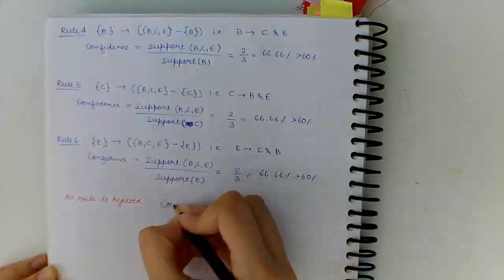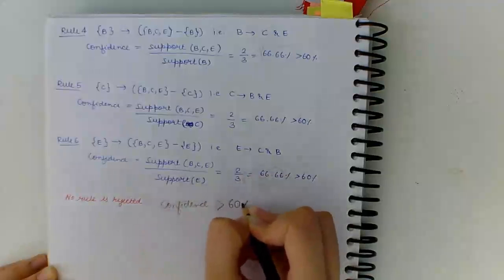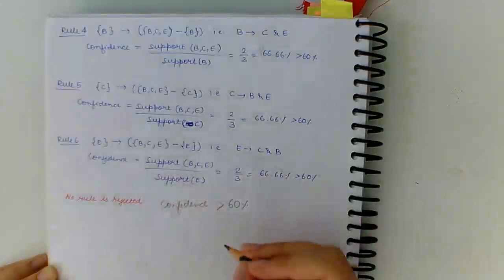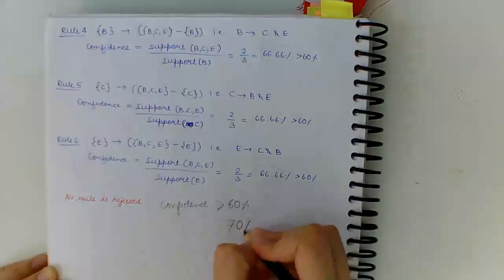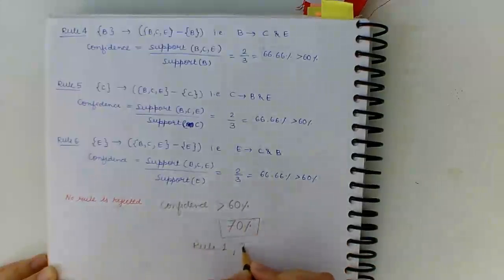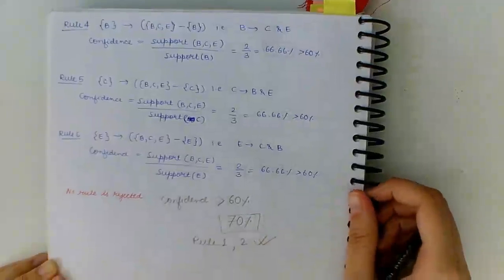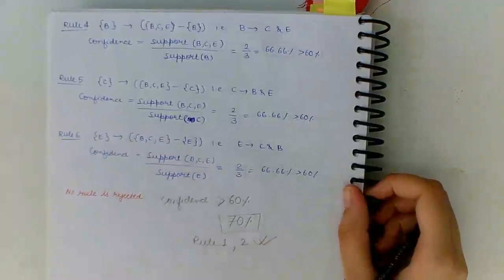So no rule is rejected as the confidence for each rule is greater than 60%. If we had taken 70% as the required confidence, then only rule 1 and rule 2 would have been valid.